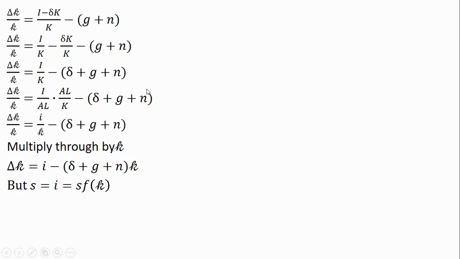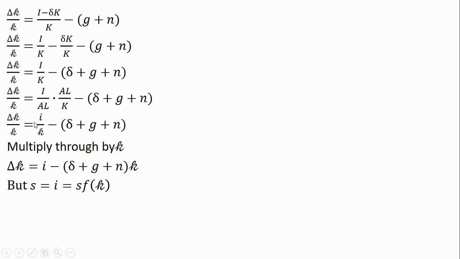Now our next step from this equation here will be to multiply both sides by kappa. If we multiply both sides by kappa, change in kappa over kappa times kappa is equal to i over kappa times kappa minus sigma plus g plus n, the entire brackets, times kappa.